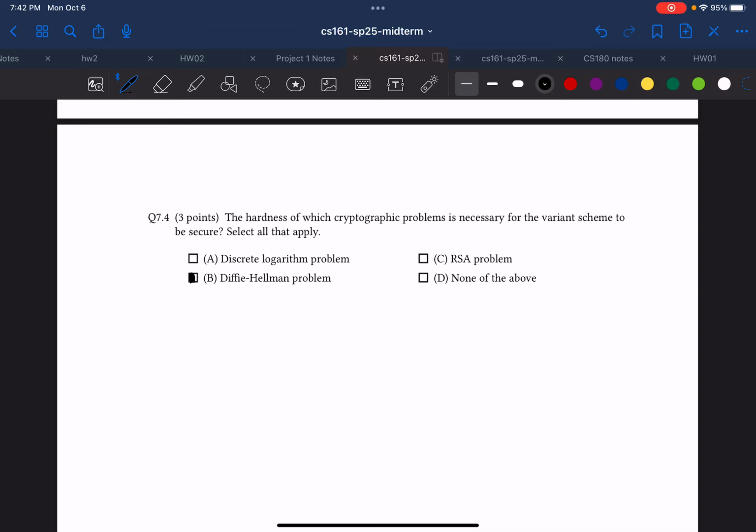And then, building up to Diffie-Hellman, we know that anyone who can break the discrete logarithm problem can also break the Diffie-Hellman problem. So the answers here are going to be A and B. C, RSA, is just not really applicable here, so it's not going to be one of the answers.